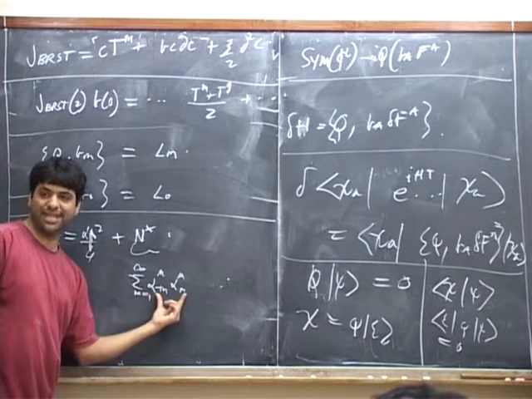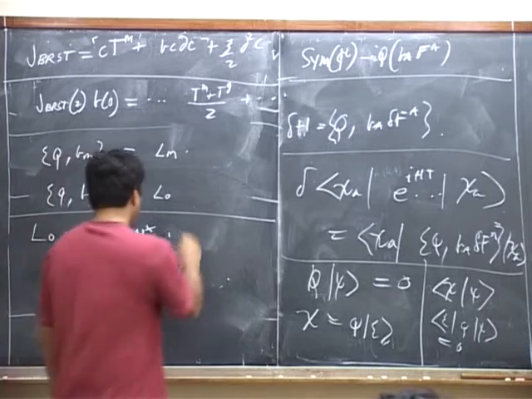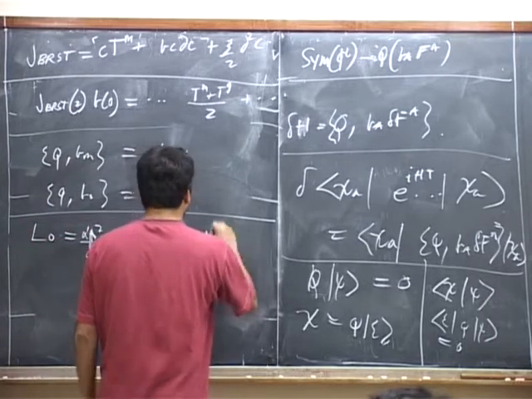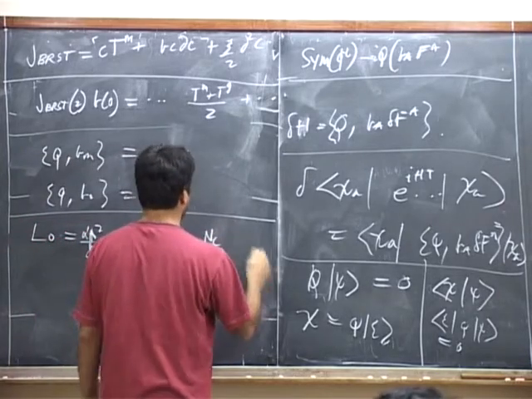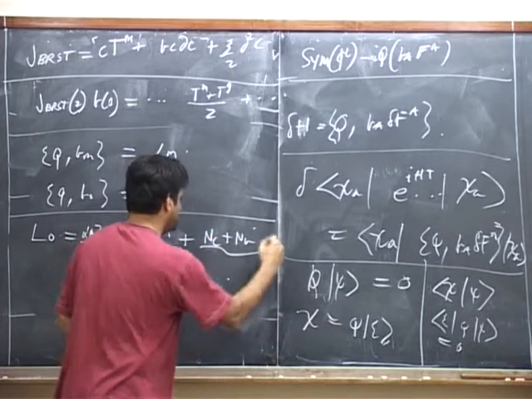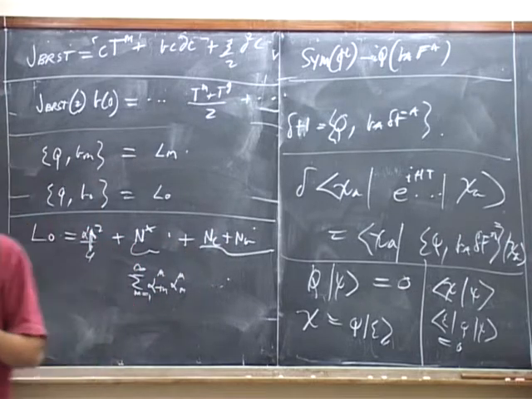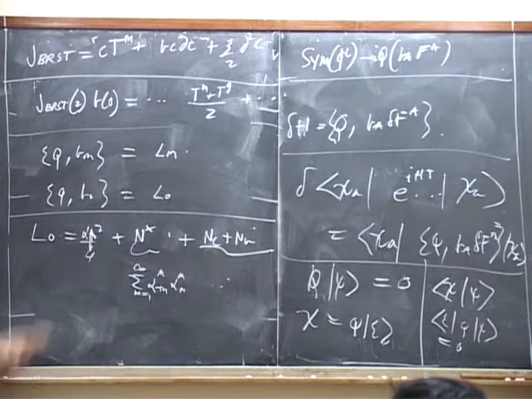So each of these modes, the mth alpha mode, has energy m. And plus there were number operators for the C modes and number operators for the B modes. So analogous definitions, with the C modes being B plus m with C minus m.